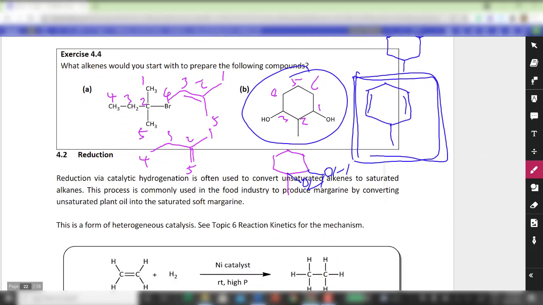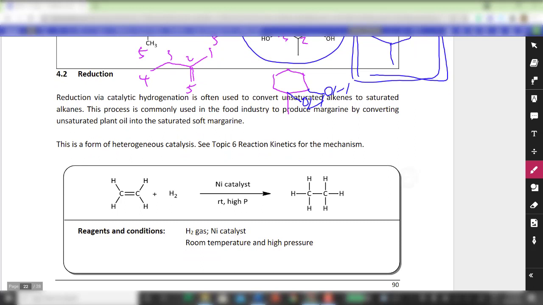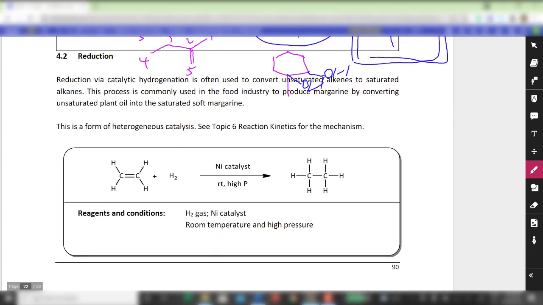Okay, the next part is reduction, or what we call catalytic reduction, which uses nickel catalyst, room temperature, high pressure. You would have learned this in secondary school, or you would have seen this under reaction kinetics. For this particular reaction, there are a lot of metals which you can use.